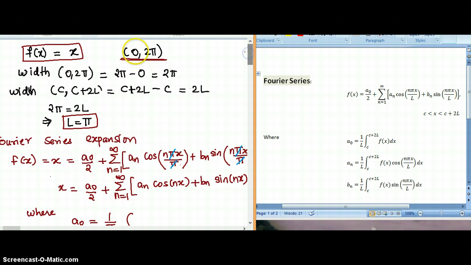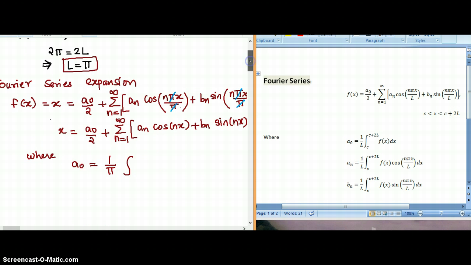Our function is defined from 0 to 2π, so it is from 0 to 2π of f(x) dx, equal to 1 over π integral 0 to 2π.